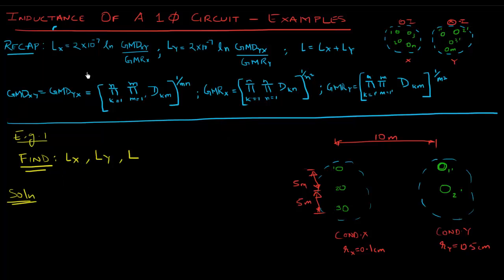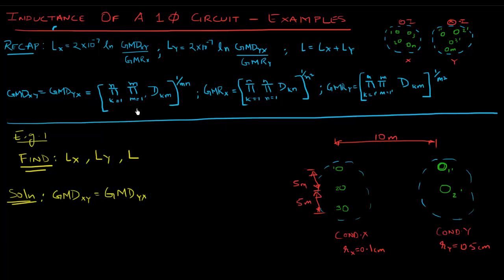So Lx is nothing but 2 into 10 to the power minus 7 ln of GMD over GMR. So what we realize is we have to find GMD, the geometric mean distance between these two conductors, and we have to find GMR for each of the individual conductors. So let's begin by finding out what would be the GMD. GMD Y of X is the same thing.